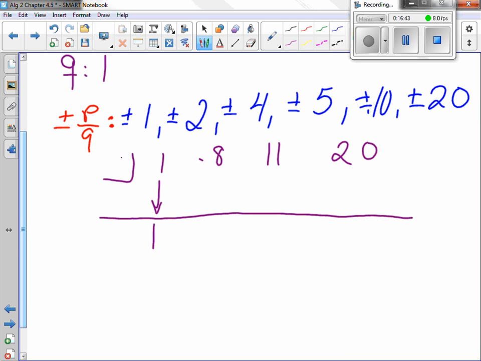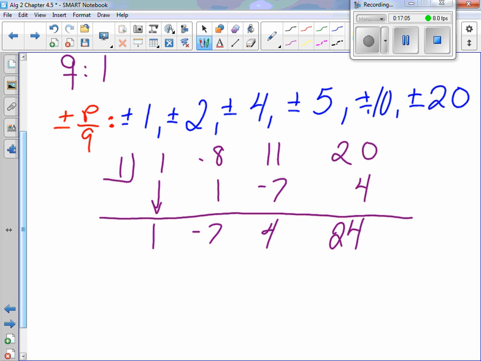Now, the first number in my list is positive 1. So we do 1 times 1, which is 1. Negative 8 plus 1 is negative 7. 1 times negative 7 is negative 7. 11 plus negative 7 is 4. 1 times 4 is 4. Is that a solution? Is that a factor? No, because it doesn't give us a remainder of 0.